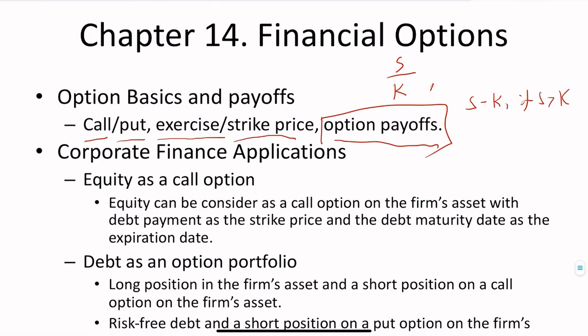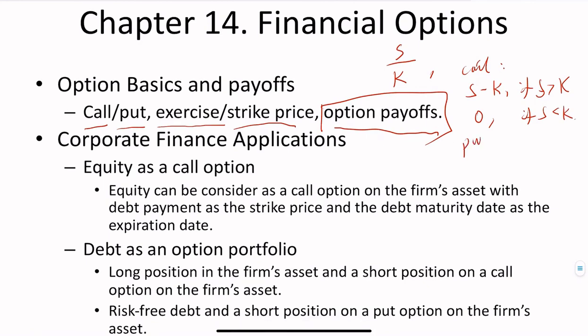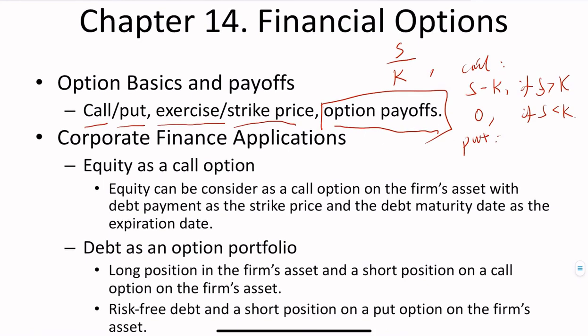Then the call's payoff is S minus K if S is larger than K, and 0 if the stock price is smaller than K. For a put, we will have the opposite result.